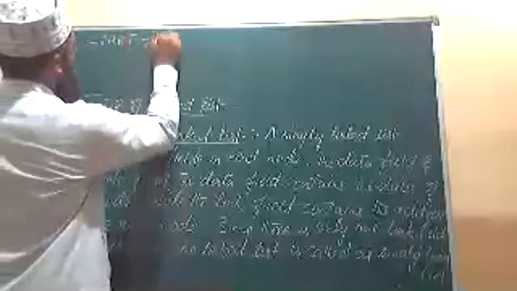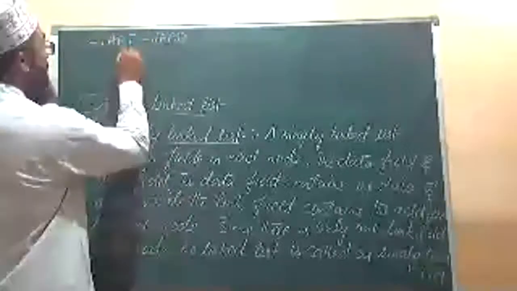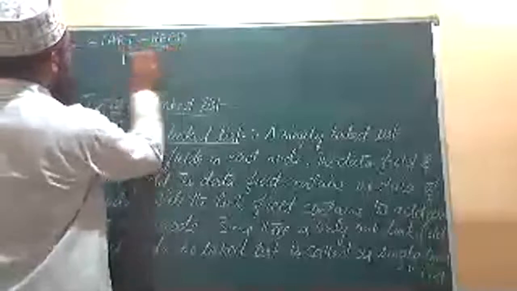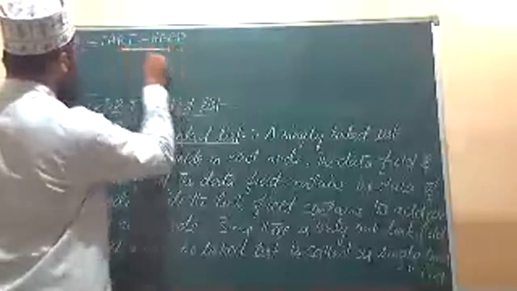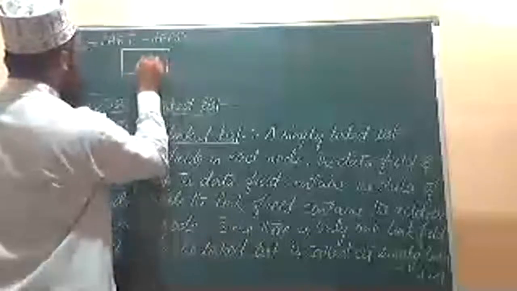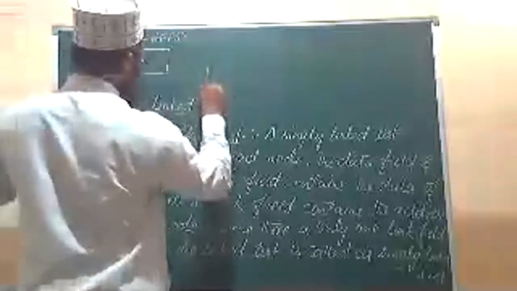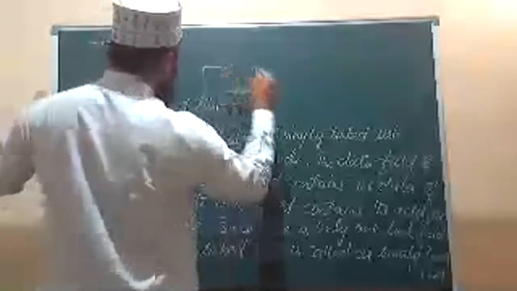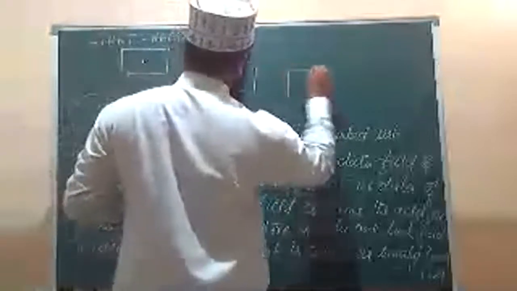Now I will write a linked list here so that you can understand it clearly. See, start is a pointer, and the start can also be called head. Don't get confused, start and head are both the same. This is the start pointer. Here I'll write nodes: node 1, then 2, then 3.